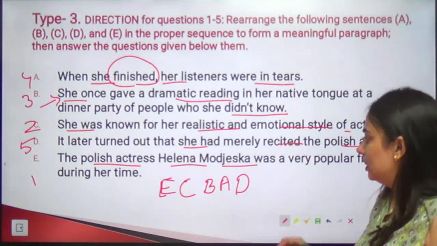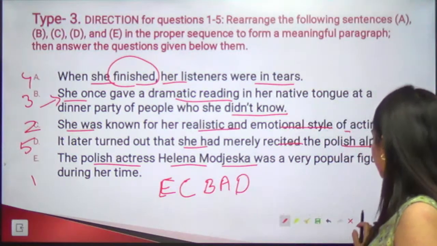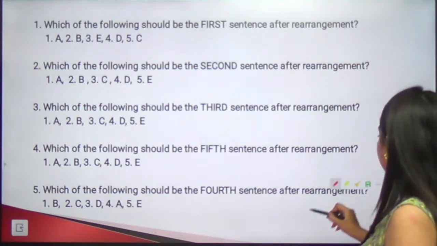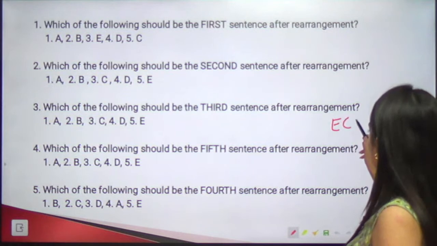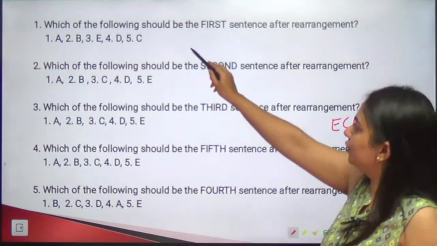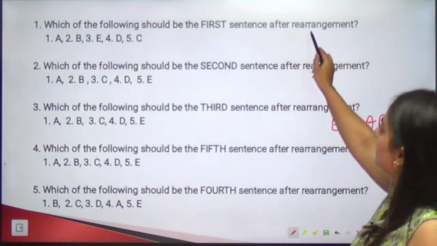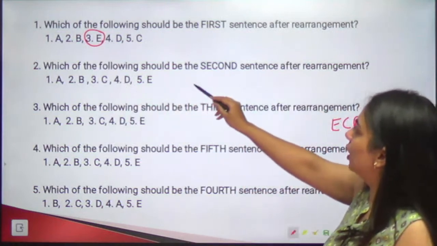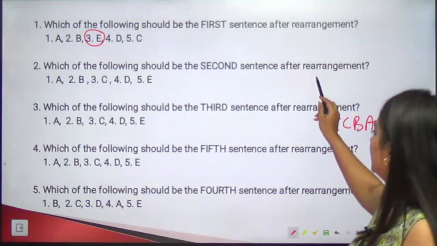I hope it's clear. ECBAD. Let us write it down here and do these questions. Which of the following should be the first sentence after the rearrangement? It should be E. Which of the following should be the second sentence after the rearrangement?